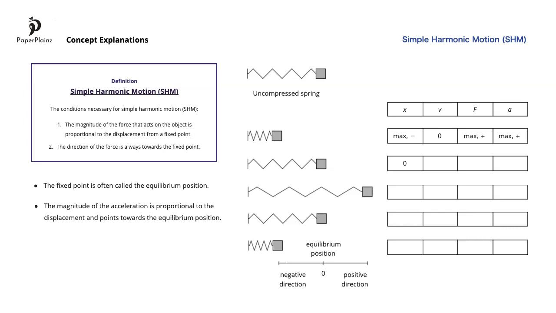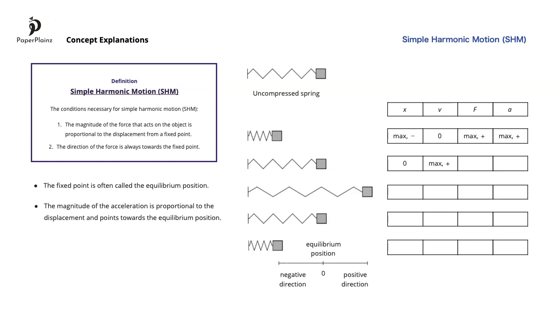After the object passes through the equilibrium position, the spring begins to stretch, and as a result, the object starts slowing down. This means that the magnitude of the velocity is at its maximum as the object passes through the equilibrium position. Since the object is moving to the right, so towards the positive direction, velocity is positive.